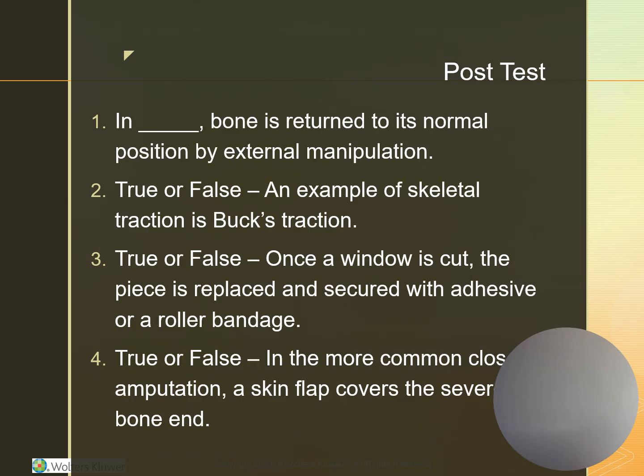Something I want to briefly touch on, we have crutches and we have walkers, and we need to know the appropriate way to use these. With crutches, the crutches should not be touching the axilla. We should be able to put 2 or 3 fingers on the arm rest and under the arm.